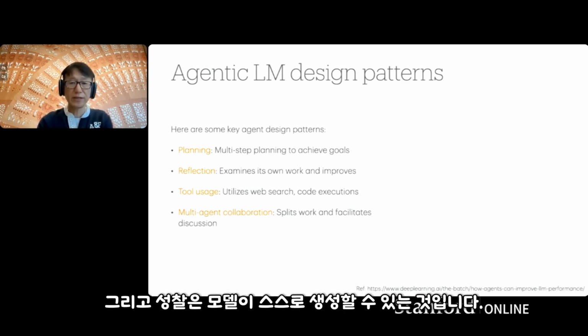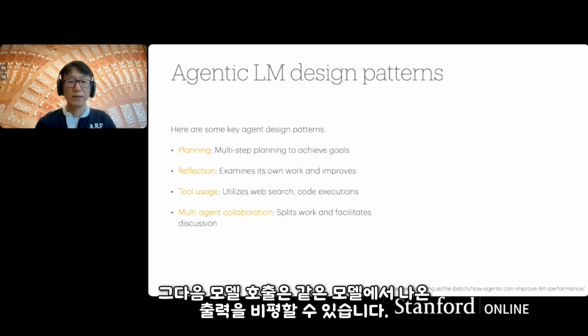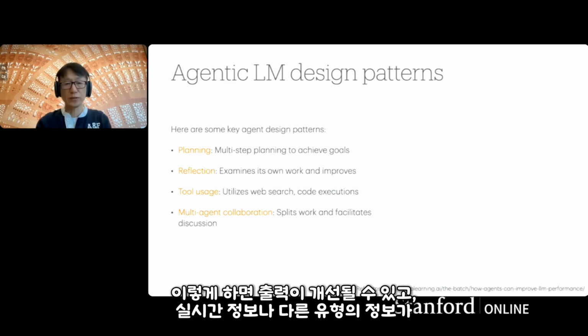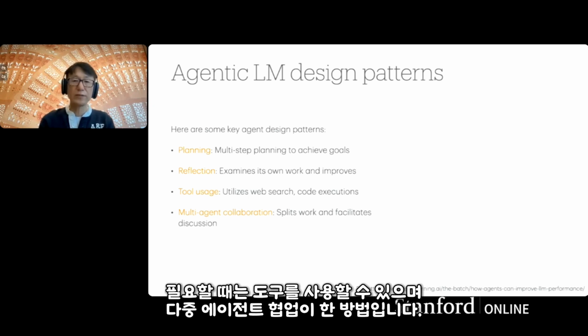Reflection is something the model can generate itself, and then the next model call can criticize the output that actually came from the same model. By doing this, the output could be improved. Tool usage is for something outside of the language model, where you need real-time information or a different type of information. And multi-agent collaboration is one more way to handle this.